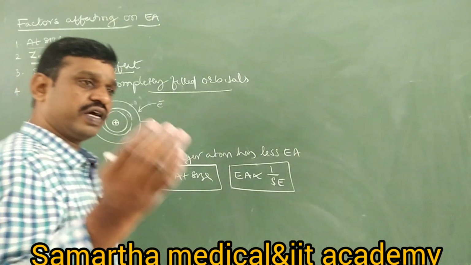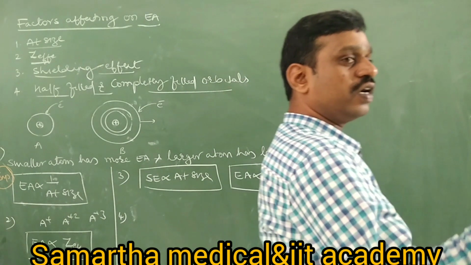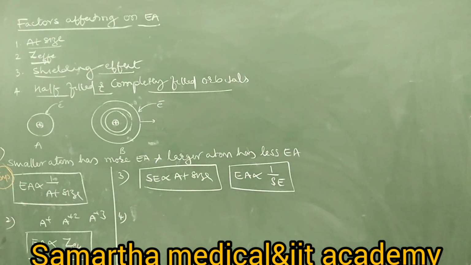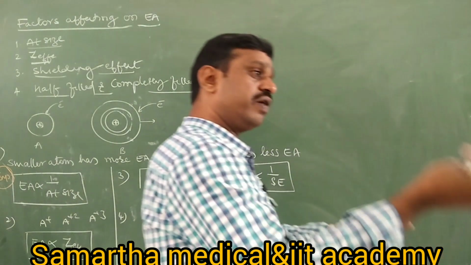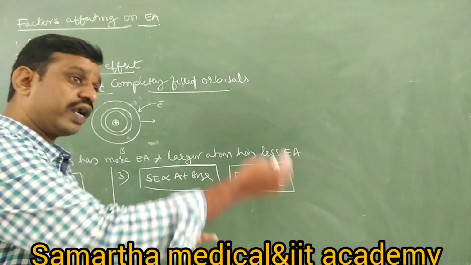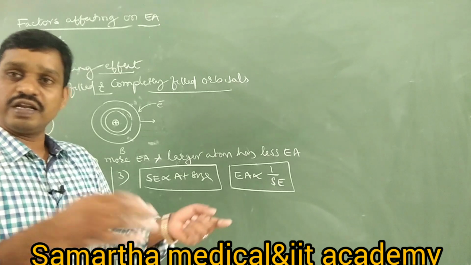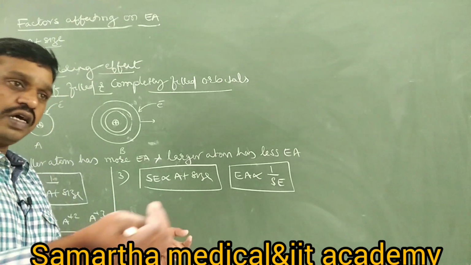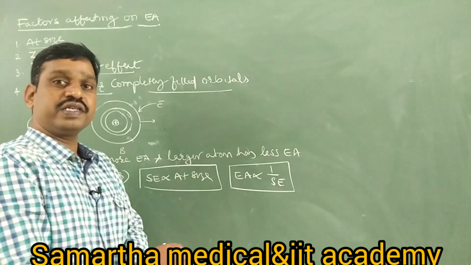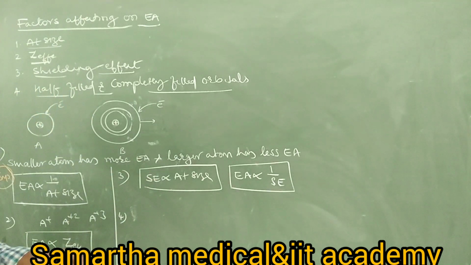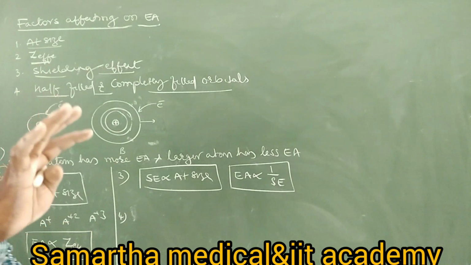The atoms or elements having half filled or completely filled orbitals are exceptionally stable. Since the atoms have most stability, can you add an electron? No, the extra electron is not required. That means addition of an electron is not easy. Therefore, elements having stable electronic configuration are of course stable, and the addition of an electron is not easy.